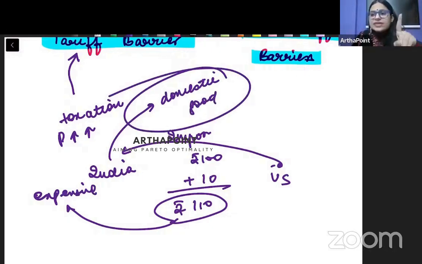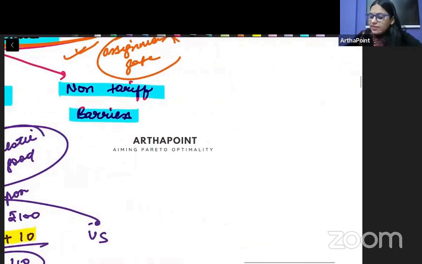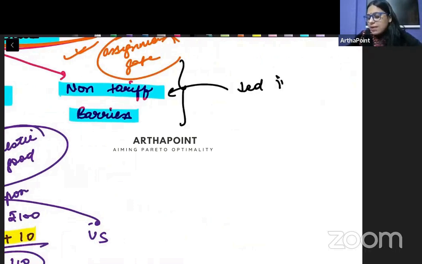So a tariff barrier is when you are putting tax. जब आप पैसे को inflate करते हो, जब आप एक good के price को increase कर देते हो, when you increase the price of the good, that is called as a tariff barrier. उसको हम tariff barrier बोलते हैं. A non-tariff barrier, it is also used to reduce import. इसका काम imports को कम करना ही है.